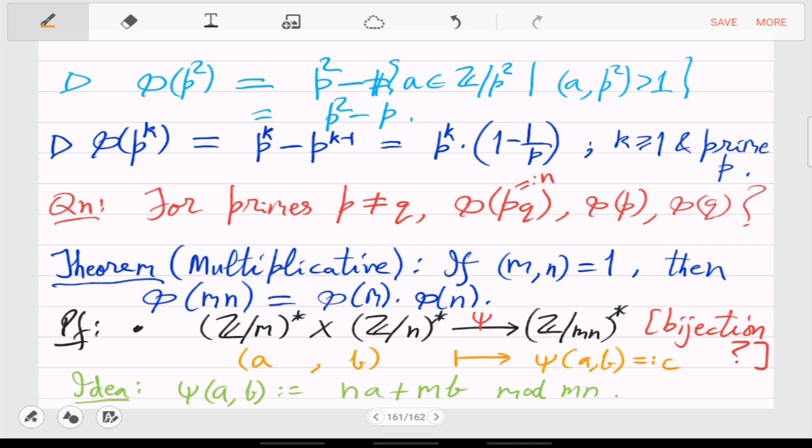So here the issue is that A and B are residue classes. So you have to check that instead of A, if you took A plus Km, and instead of B, if you replaced it by B plus Kn, still the answer which you will get, C, will be the same residue class.